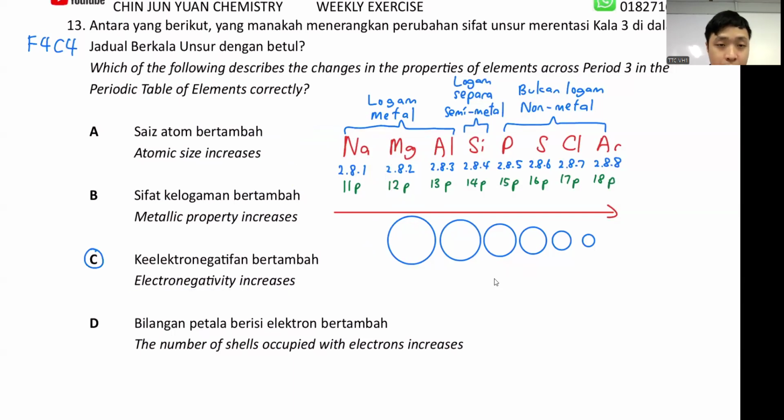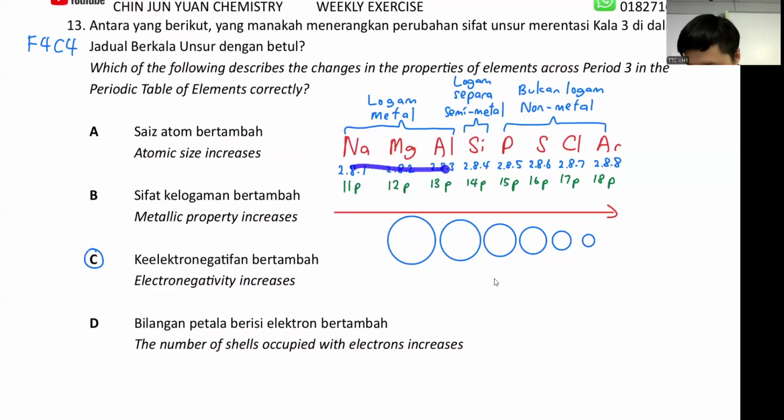Electronegativity increase. Electronegativity means the tendency to attract electrons. Sodium is the weakest at attracting electrons, meaning very hard to attract electron.